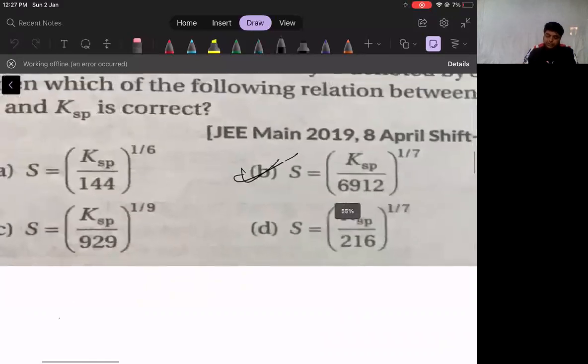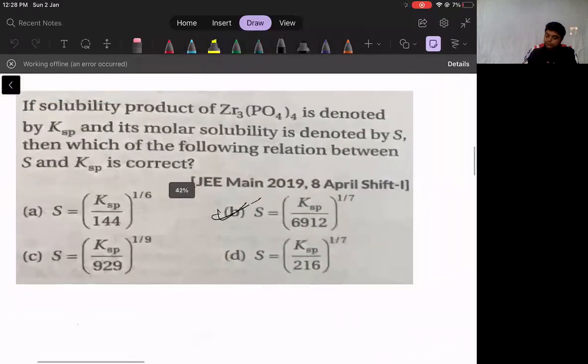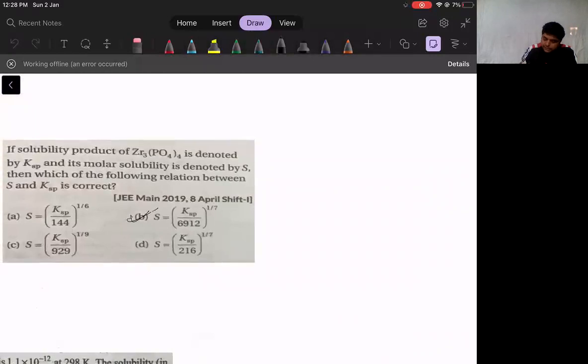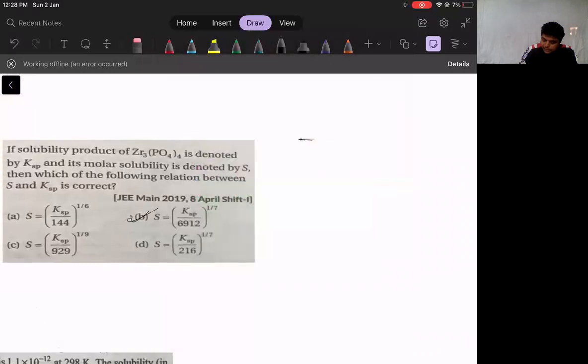So, to deal with this problem, I will first write the equation for the dissociation. We have Zr3(PO4)4.